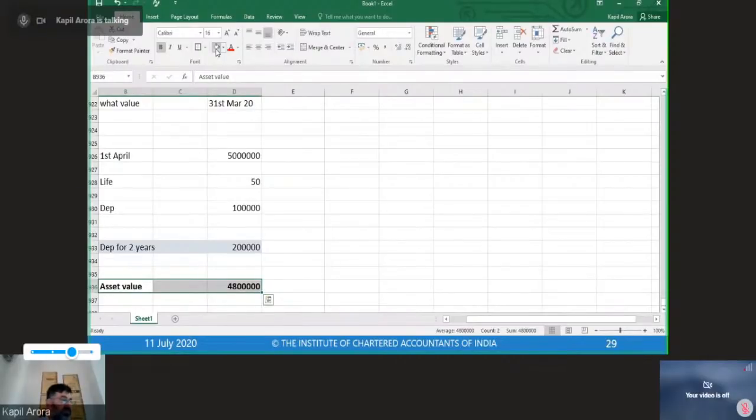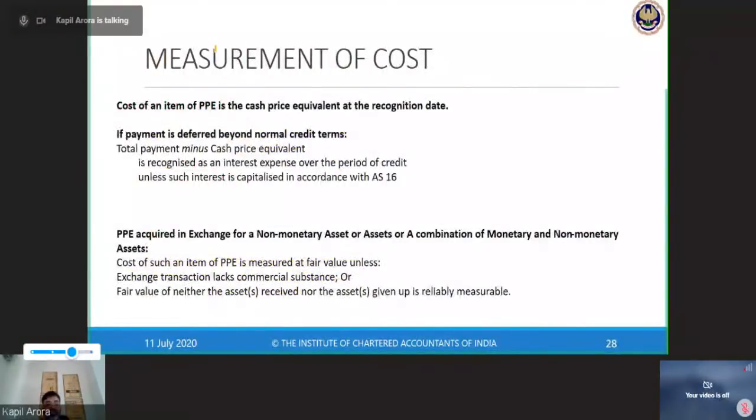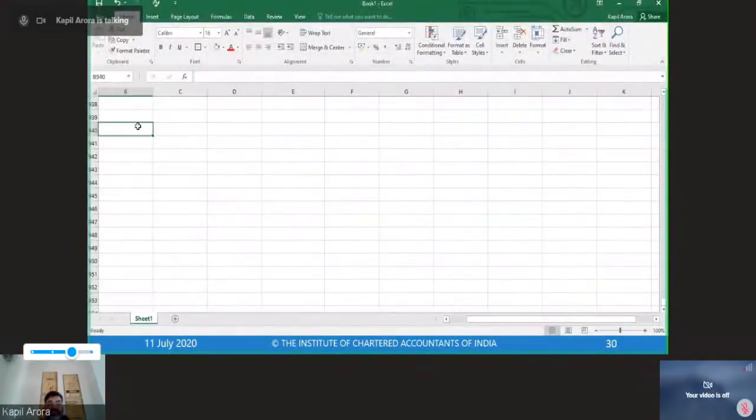I hope everyone is okay with the concept of cost model. Cost model is simple, and practically every company is following the cost model. It is simple also. But what happens if we follow revaluation model?